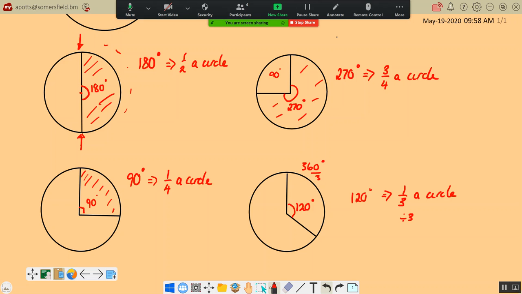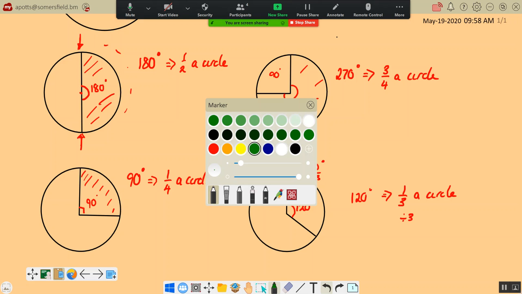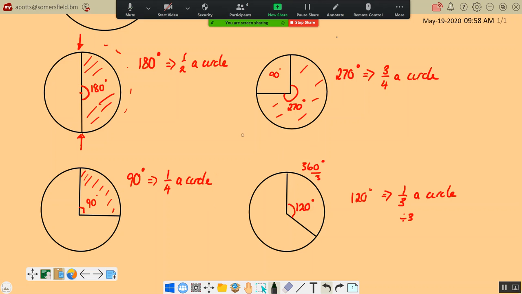Now, what I wanted to show you in doing this is that if we use this angle, the 180, and we say I have 180 degrees out of 360 possible degrees, if I think of that as a fraction and I simplify it, what do I get? 90 over 180.